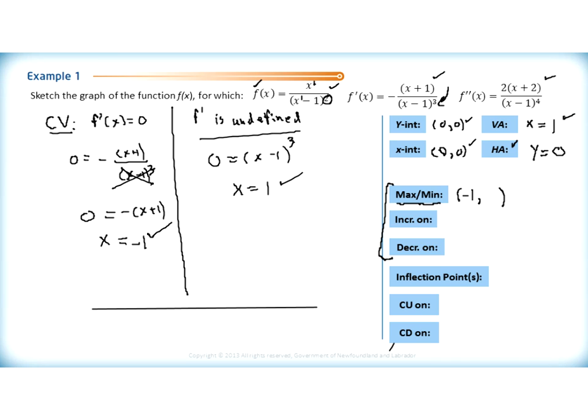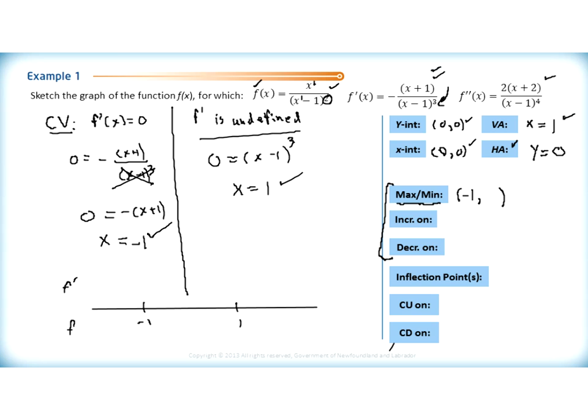All right, so let's do a number line check here with our first derivative and find out what's happening at those critical values. So we've got a negative 1 and a positive 1 as our critical values, and we're going to have to look at what happens with f prime and what that means for the graph of f. Okay, so for f prime, what I have to do is plug in some numbers in those intervals that we're talking about. So let's say we take a number like negative 2 and plug that into our first derivative up here.